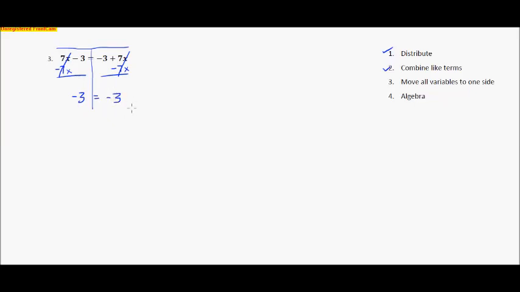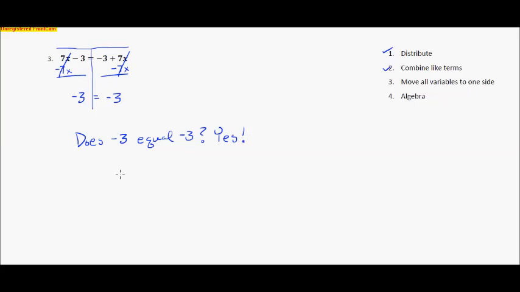Again, very similar to the problem before, the variables eliminate each other, and I'm going to ask myself the same question: does negative 3 equal negative 3? Well, yes, this one does.